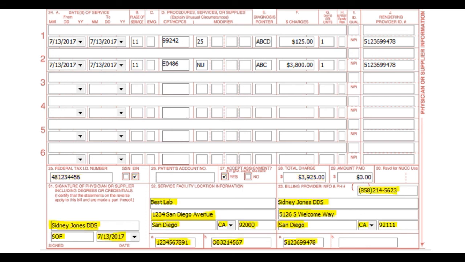At the bottom, box 31 is the signature of the provider, and signature on file, or SOF, is acceptable, and the date. And then box 32, as we discussed earlier, is the name of the lab that fabricated the sleep apnea appliance, and their address, and their NPI number, and their Social Security number. And then finally box 33, which is the name, address, telephone number, and NPI number of the rendering provider.